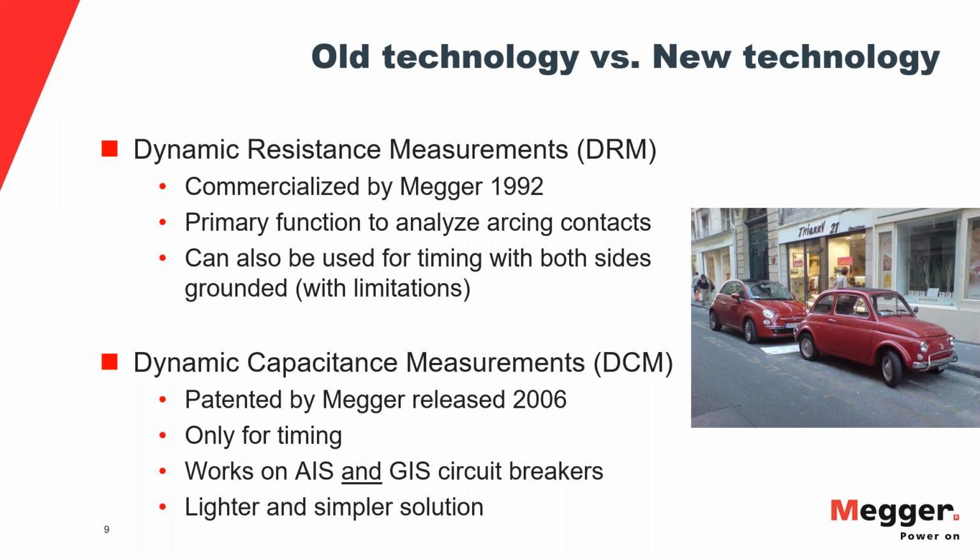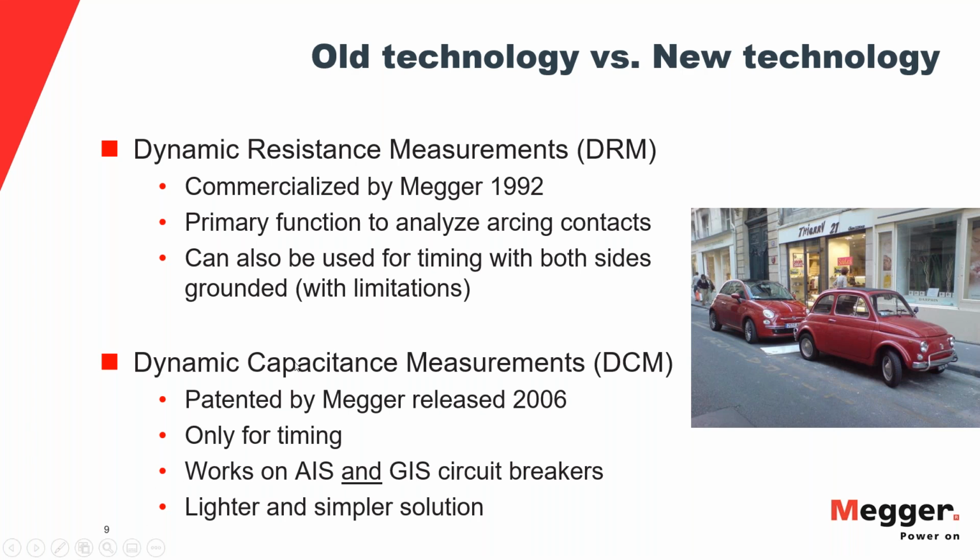As Bolny explained, its primary function is to test the arcing contact length. At the same time, at those early stages, we also realized that you can do timing, both conventional and with both sides grounded, with this method. However, it has a few limitations, which I will cover in a few slides.